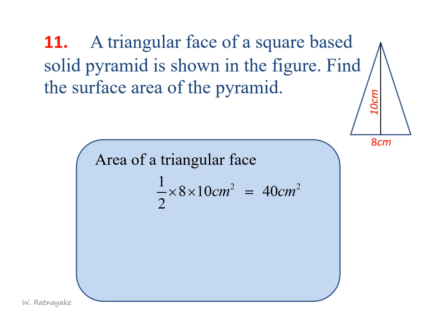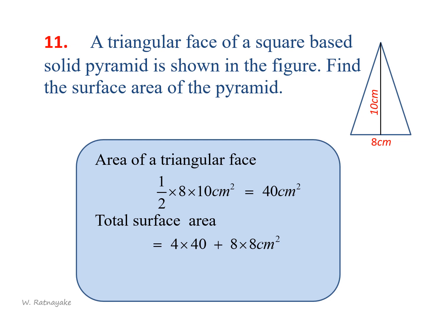When you simplify it, we get 40 square centimeters. There are 4 triangles of this size. To find the area of all the triangles, we multiply this by 4 and add the area of the base, that is a square shaped one. The area of that one is 8 times 8.